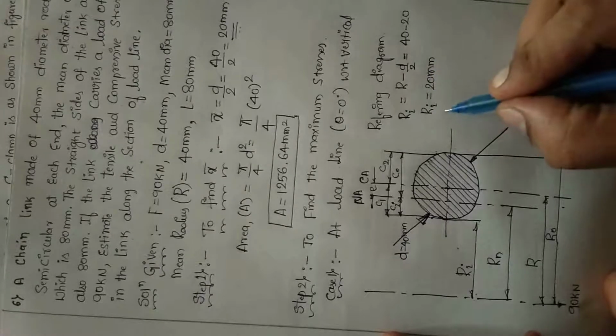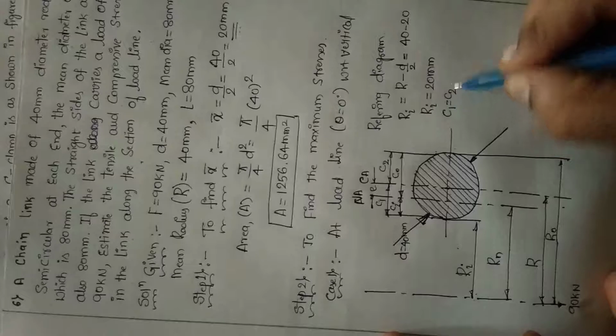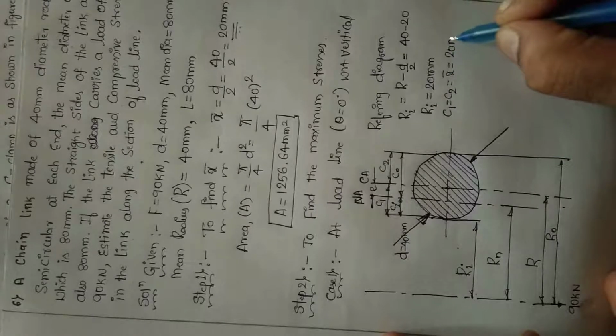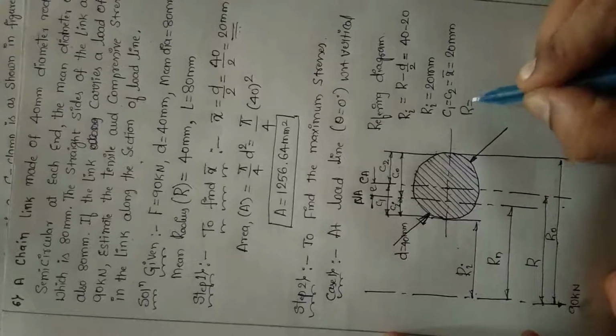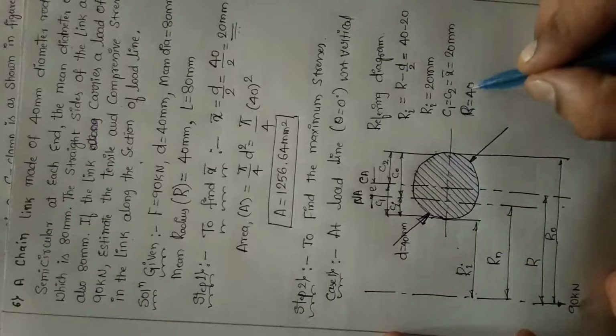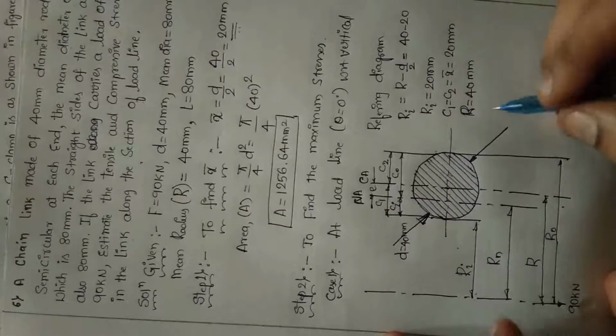C1, C2, or X dash is also 20 mm. R I know, it is the mean radius. The mean diameter is given as 80 mm, so the mean radius will be 40 mm.